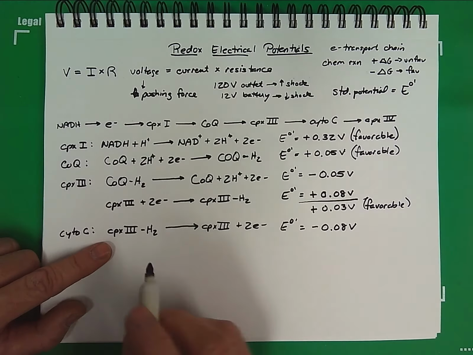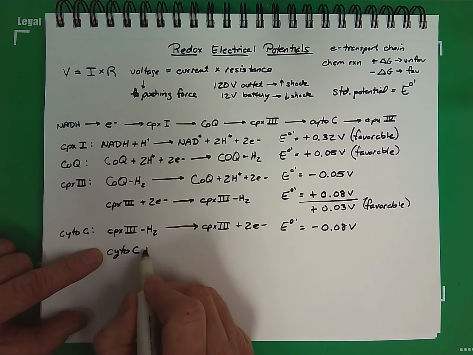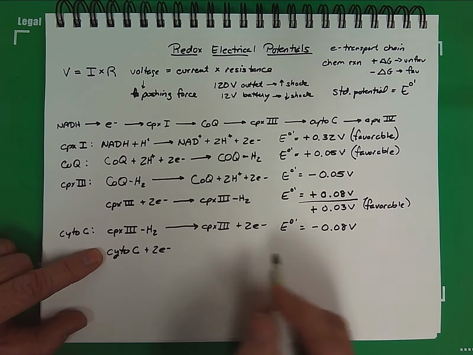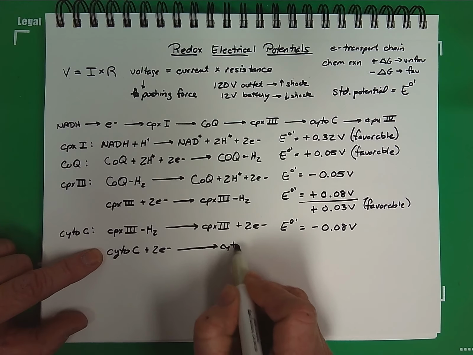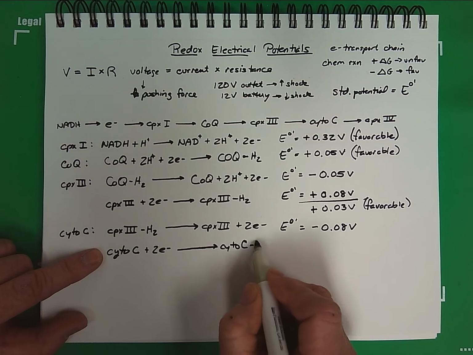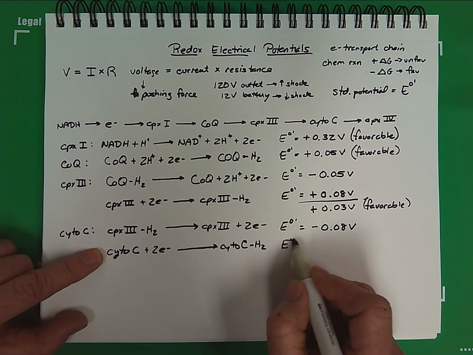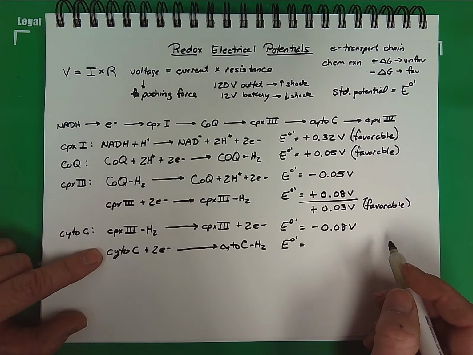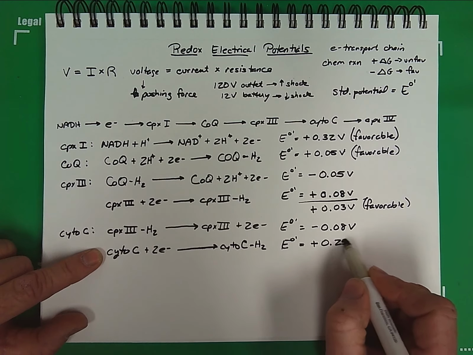But what's going to drive this reaction is the reaction with cytochrome C. So cytochrome C, we add these electrons. We're going to reduce the cytochrome C. And let's examine the standard potential of this is positive 0.25 volts.